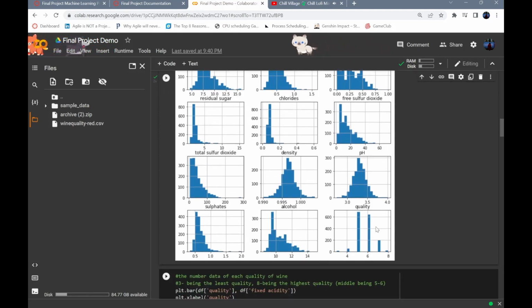Now we have our density and our alcohol. Our highest is around 300 over here, between 0.995 and 1.0, and our alcohol before 10, probably 6.5 and more than 300.